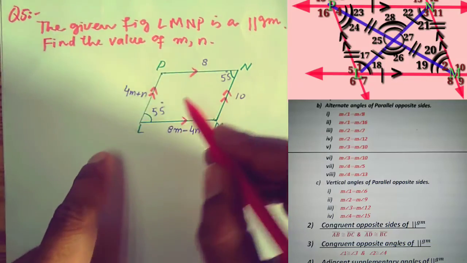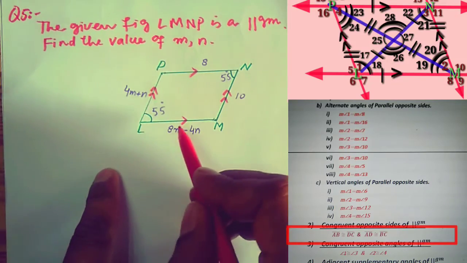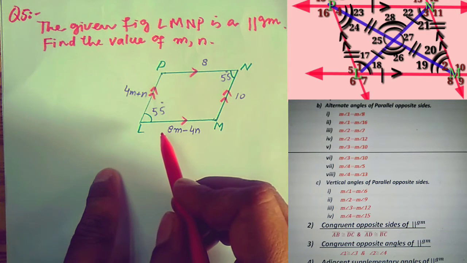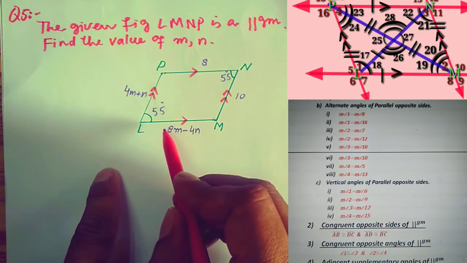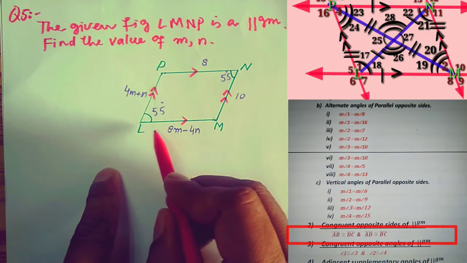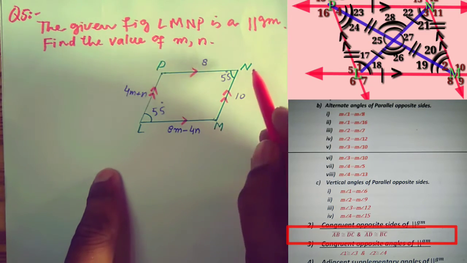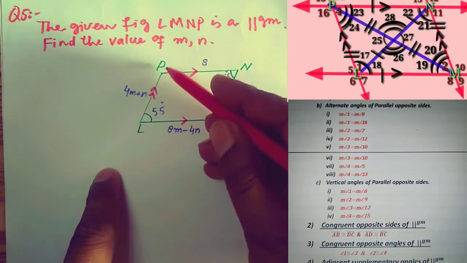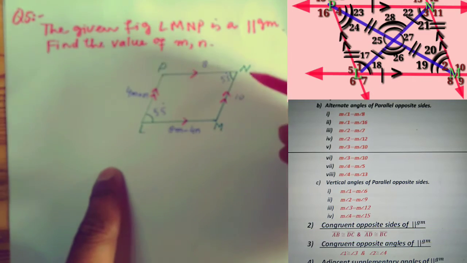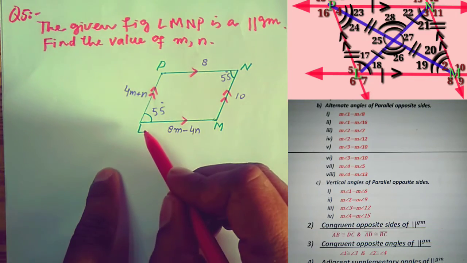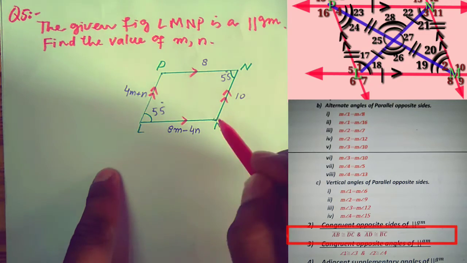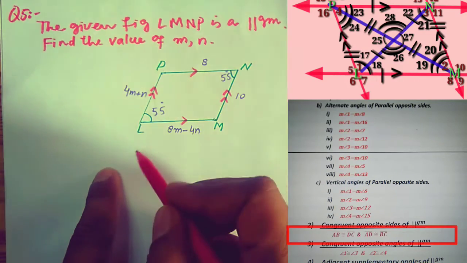We know that a quadrilateral whose opposite sides are parallel is called a parallelogram. Therefore, LM parallel PN and LP parallel MN, then the parallelogram LMNP is formed.